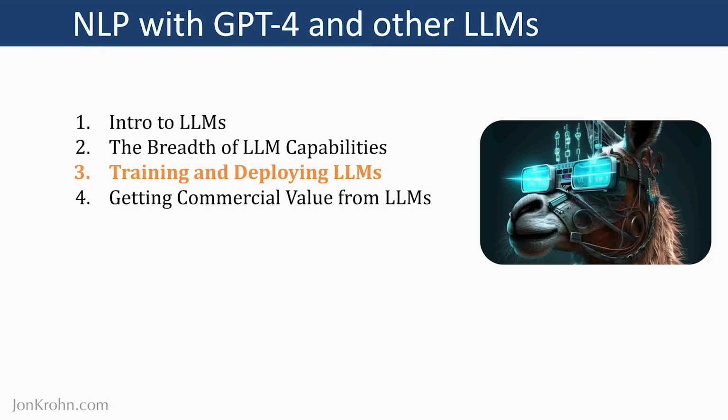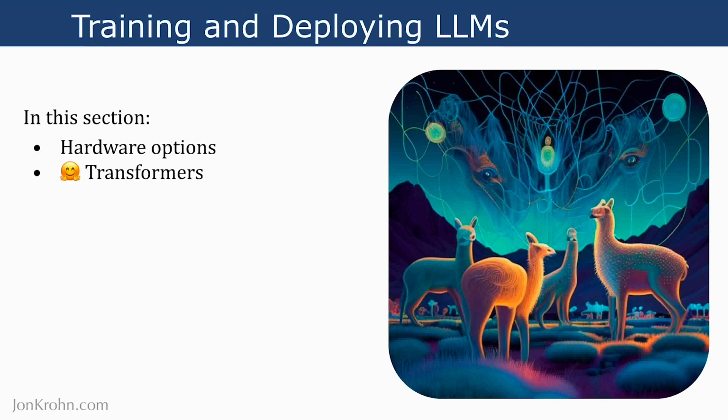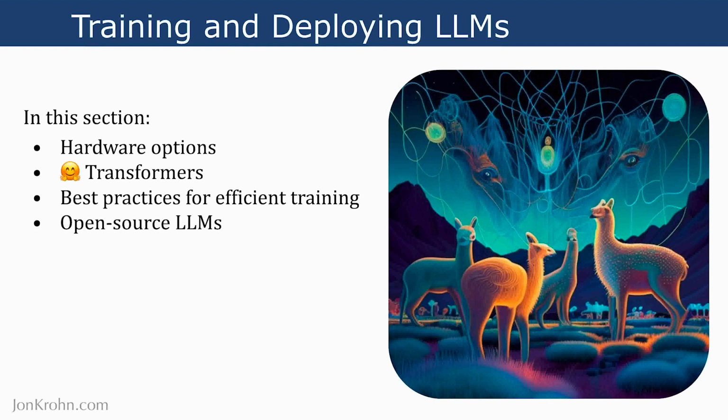Now in section 3, the part you've been most excited for, we're going to talk about training and deploying large language models. So in this section, we're going to talk about hardware options. We're going to talk about the Hugging Face Transformers library in more detail than we have before. We're going to go over the best practices for efficient model training. We're going to talk about open source LLM options so that you can have your own LLM on your own proprietary infrastructure.